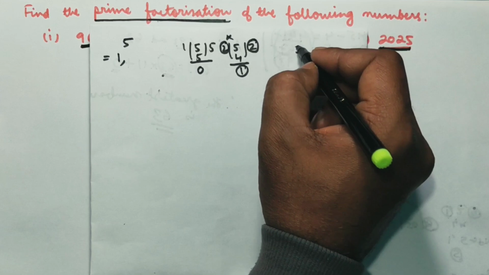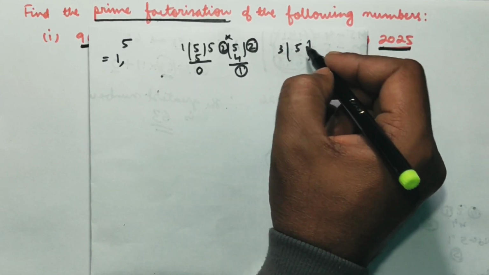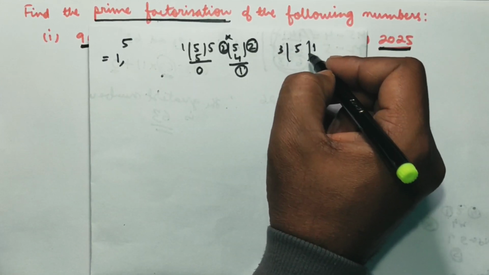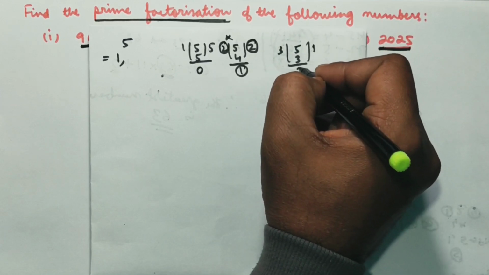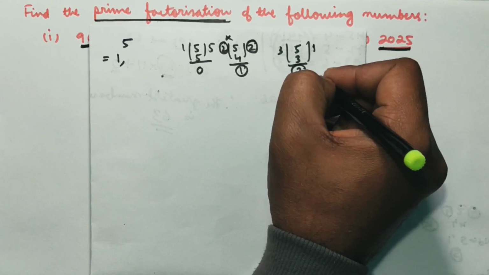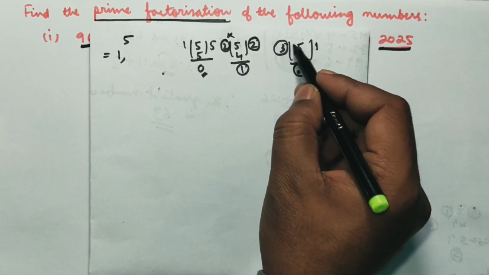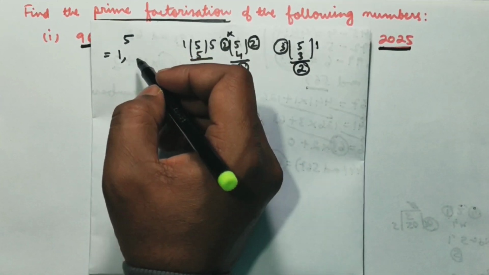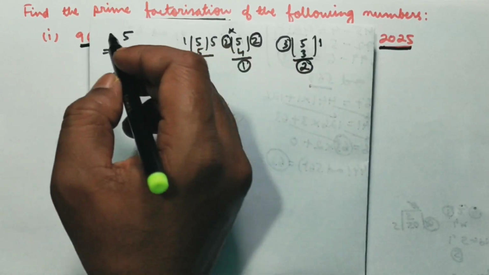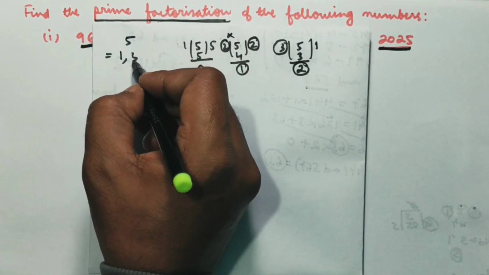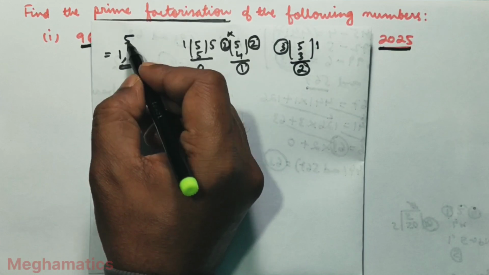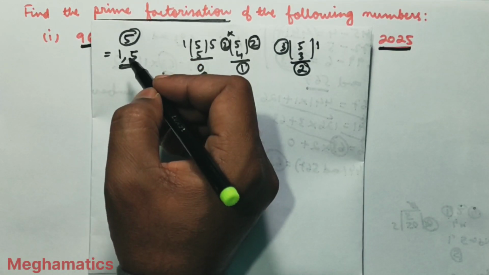Then if we try 3, we get 1 time, so 3 here, and the remainder is 2. If there is a remainder other than 0, then this number is not a factor of that number. So 5 is only divisible by 1 and 5, so 1 and 5 are the factors of 5.